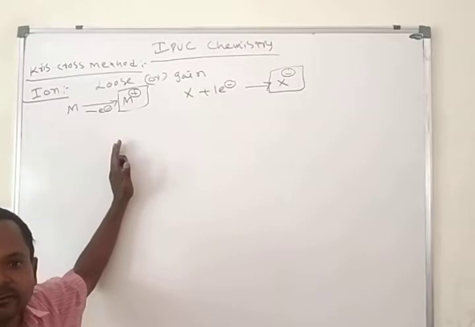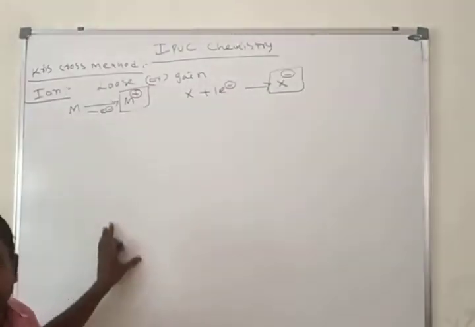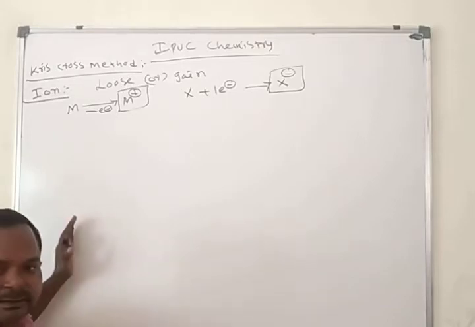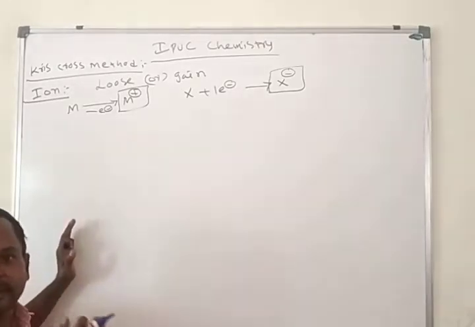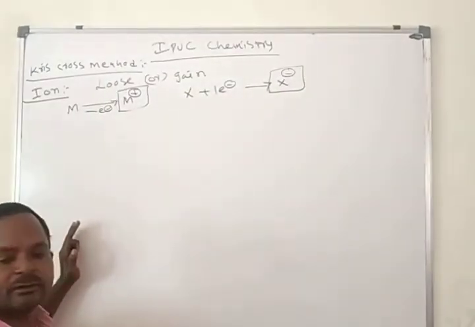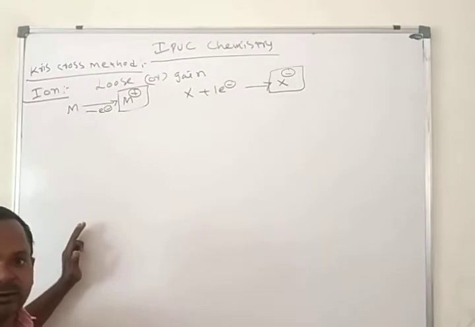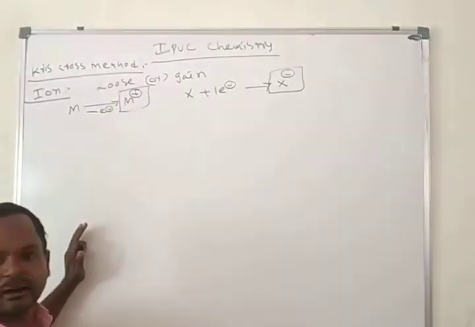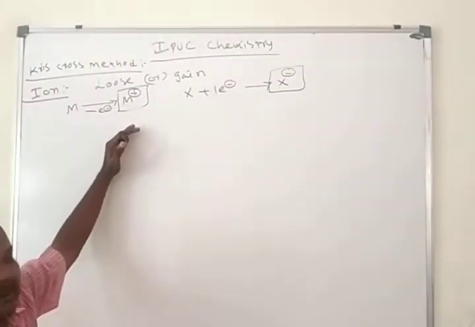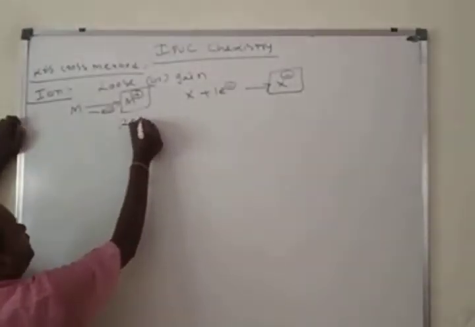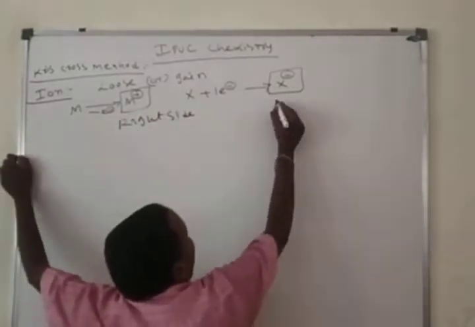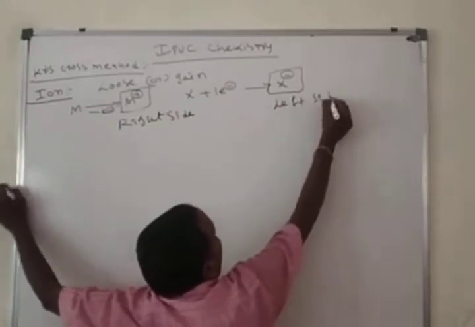In the periodic table also, electropositive elements or metals are presented on the left side, and electronegative elements or non-metals on the right side, according to the IUPAC system. Not as me, not as you.